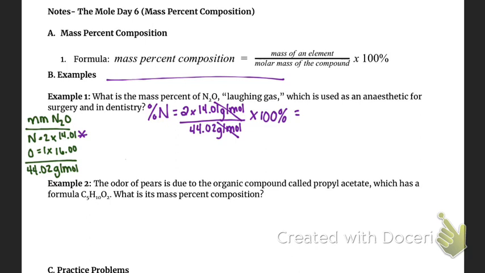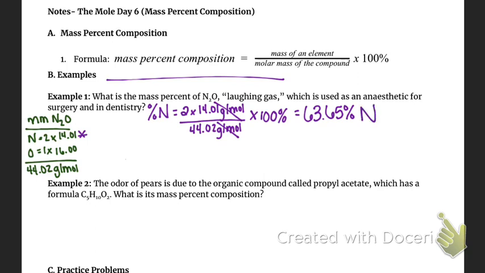A lot of times you want to put percent in on your calculator. Do not put the percentage in. That is a unit. To do that last part, you literally just type times 100, with no percentage sign. When you do that, you get approximately 63.65% of this compound is made out of nitrogen.